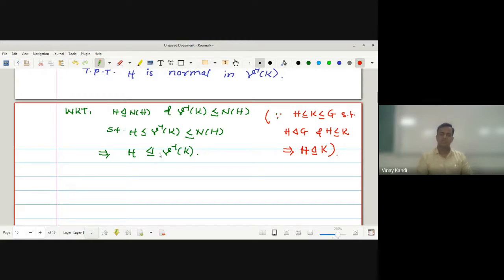If H is a subgroup of K, which is a subgroup of G, and H is normal in G, then H automatically becomes normal in K. Okay, any doubt?